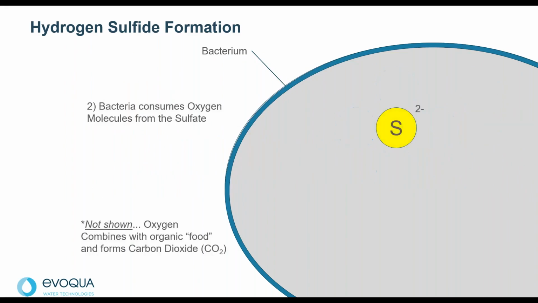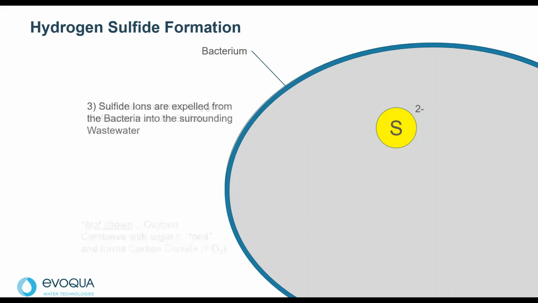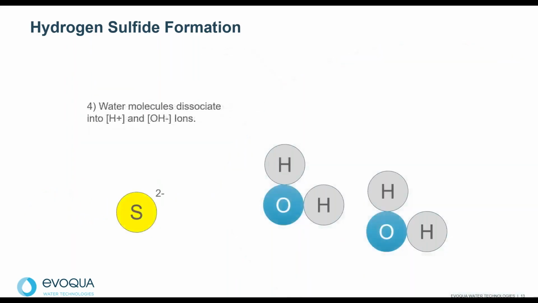Here we go. So the bacteria then removes the oxygen for its respiration and breathing process. So when this occurs, sulfide ions are left behind and expelled back into the wastewater.